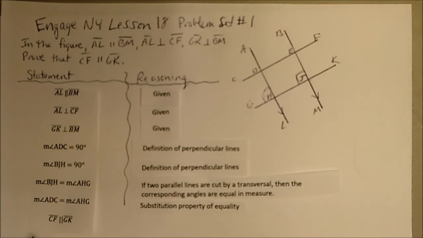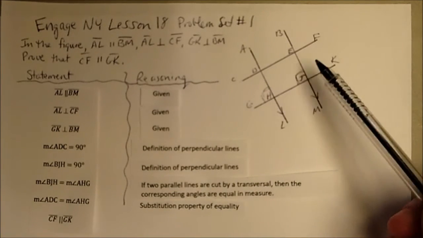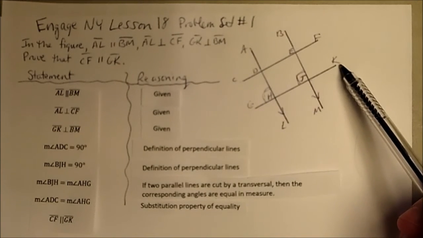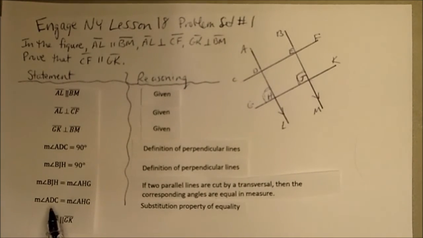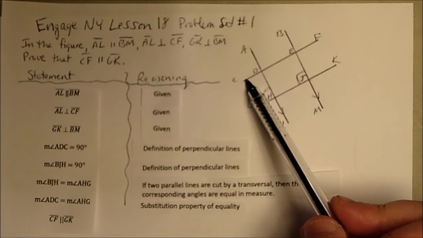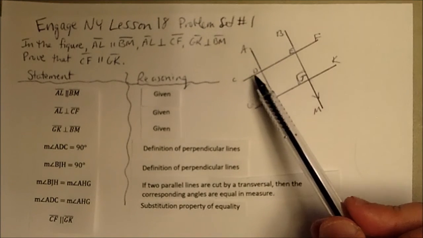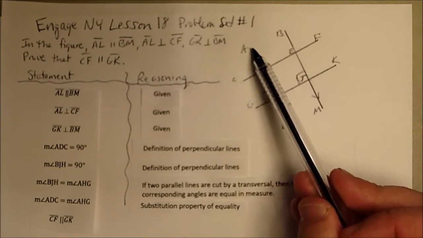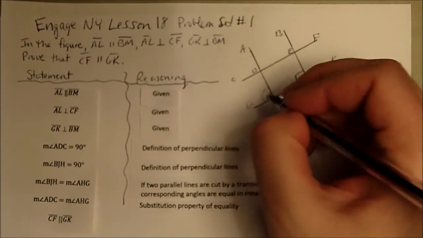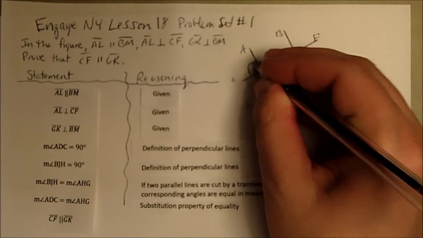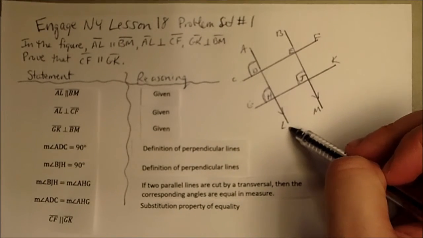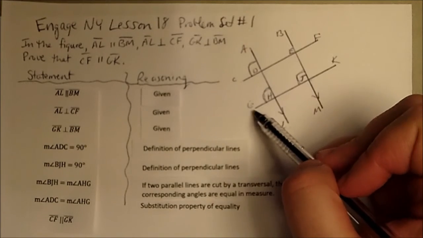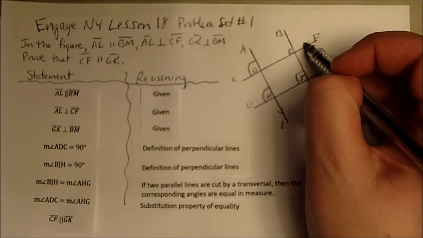And last but not least, we're trying to make sure that CF is parallel to GK. Now that we know that ADC is equal in measure to AHG, those are also corresponding angles, where AL is the transversal and CF and GK are the lines.